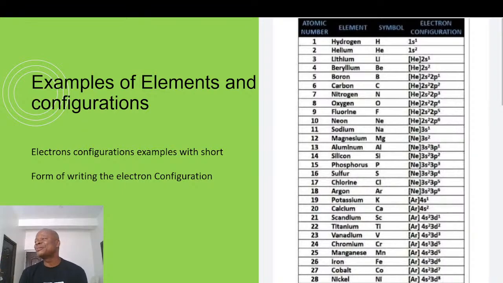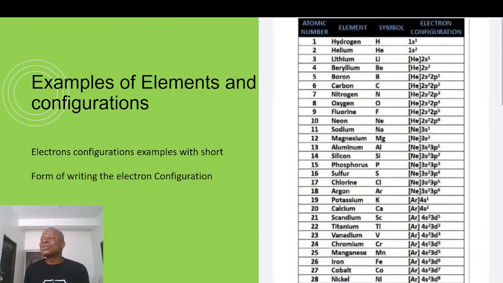So that is why we put helium bracket 2s1. The 2s1 there is 1, plus the helium that is 2, giving you the atomic number of lithium, 3.